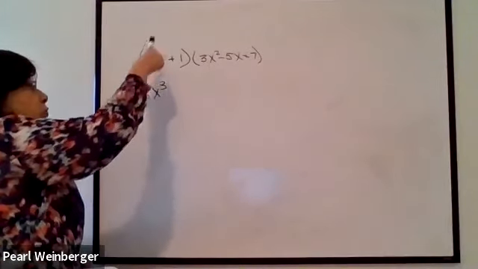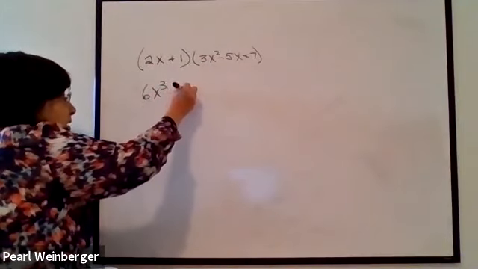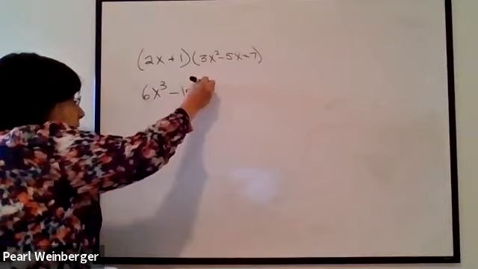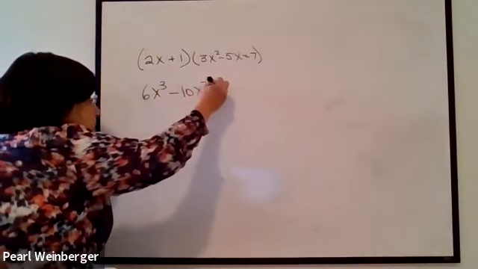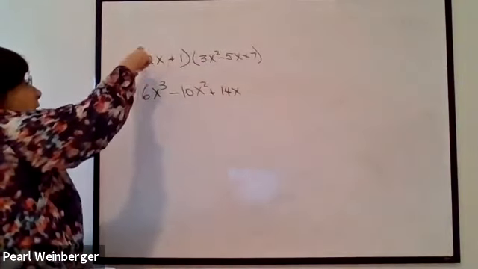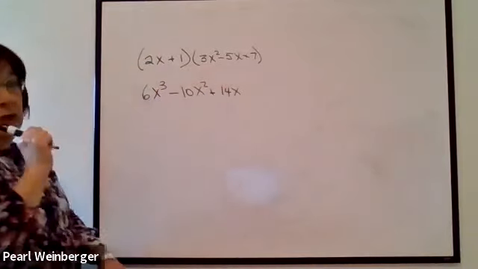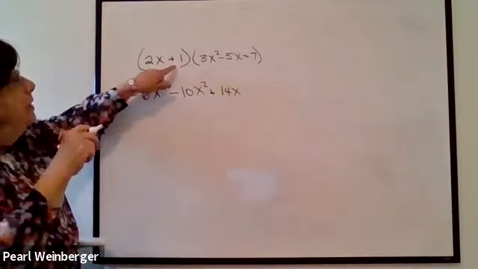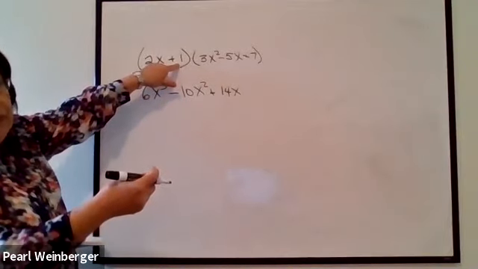Then we multiply the 2x times the negative 5x, which gives us negative 10x squared. And then we multiply the 2x times the 7, which gives us 14x. After I've multiplied everything in the second parentheses by this 2x, I go back and take my second term in my parentheses and do this distributive property with that.